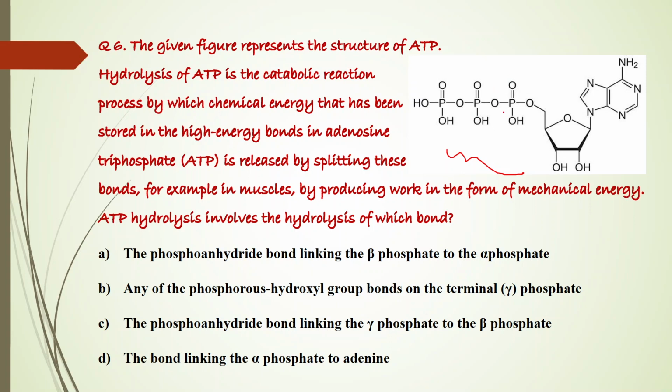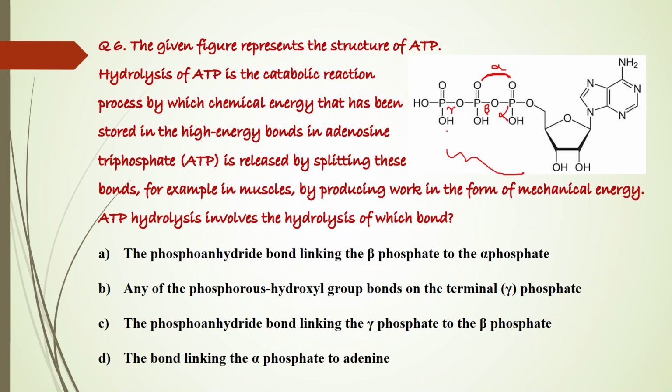First let us mark the phosphate groups. That's how it will be easier for you to understand. So this is your alpha, this is beta, this is your gamma phosphate. So which bonds are they talking about? One option is this bond linking the beta and the alpha one. This is option A. Another one is any of the phosphohydroxyl bonds.